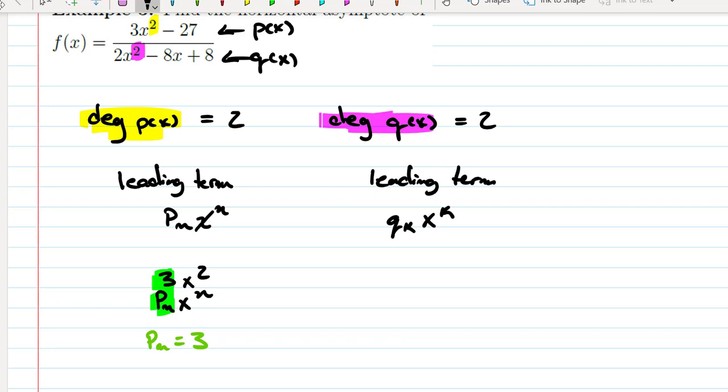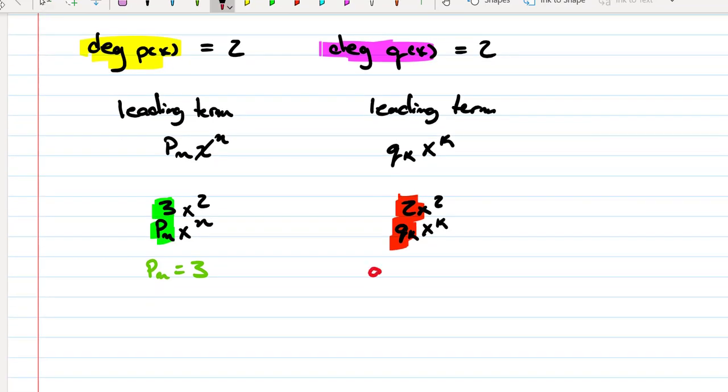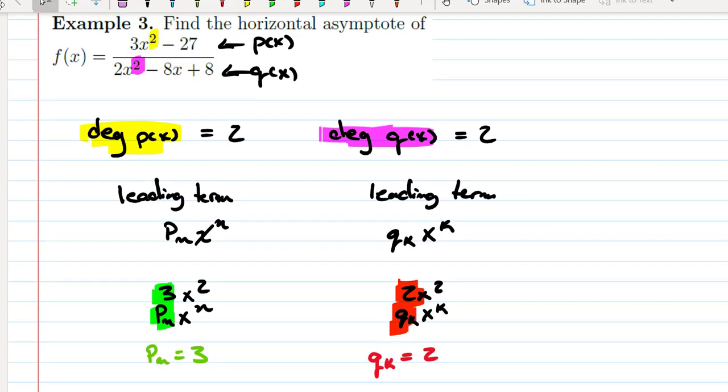So our leading term is 2x squared, and we compare that to Q sub k x to the k, and we have that our Q sub k is going to be 2. So really, all we're talking about is the lead coefficients, right? It is this value here, 2, and this value here, which is 3.